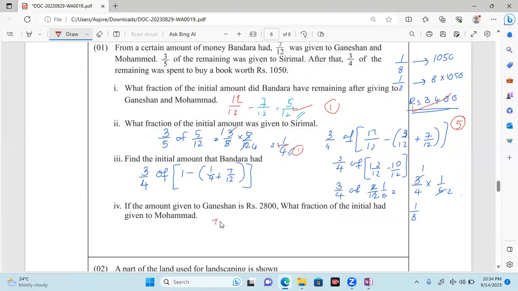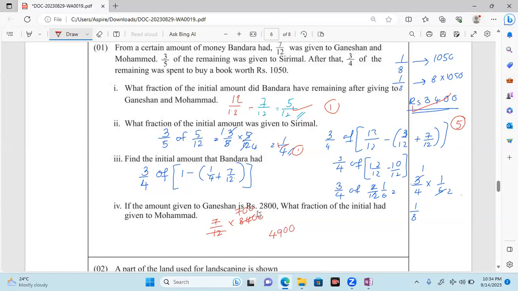Then it is 7/12 multiplied by 8,400. It is 4,900.